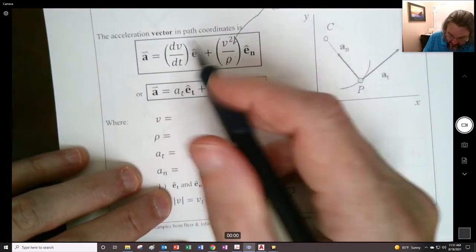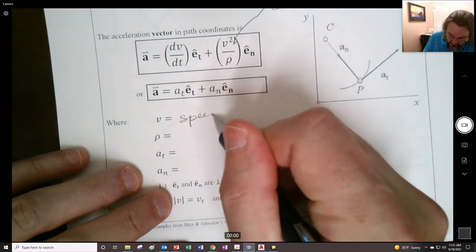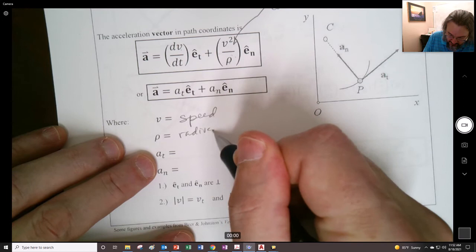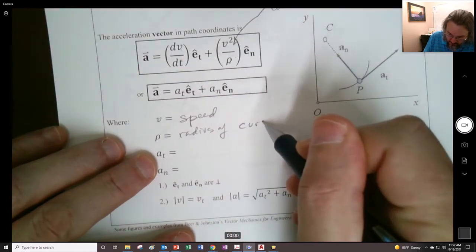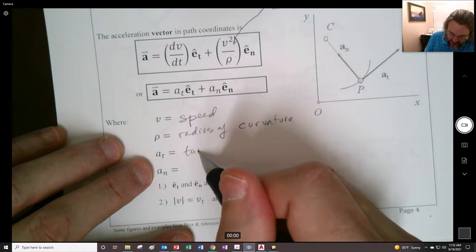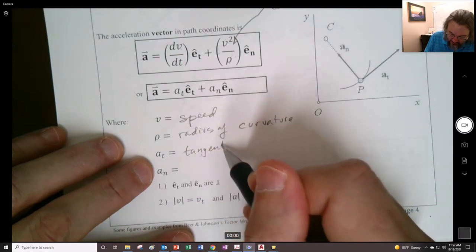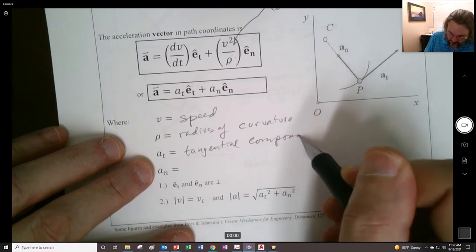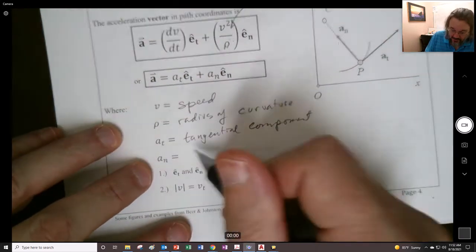So remember that this v is speed. This rho is the radius of curvature. And this is the tangential component. And this is the normal component.